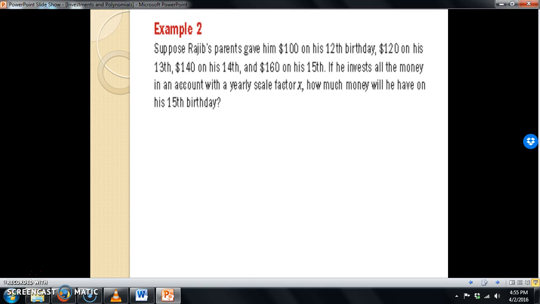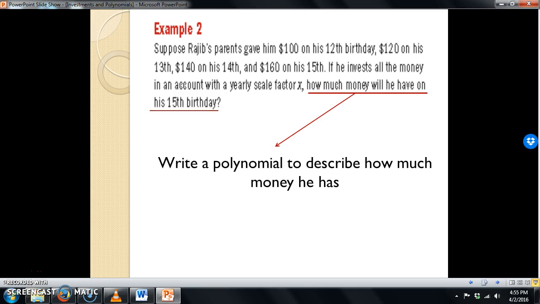Alright, let's look at another example. Rahib's parents give him $100 on his 12th, a different amount on his 13th, $120, and then different amounts on the 14th and 15th. So if the question is how much money will he have on his 15th, let's write a polynomial to describe how much money he has. That first amount, 100, got invested for 3 years. The 13th birthday money got invested for 2 years.